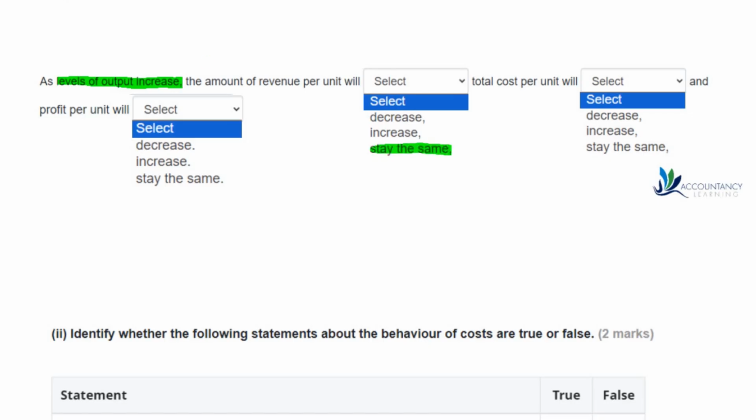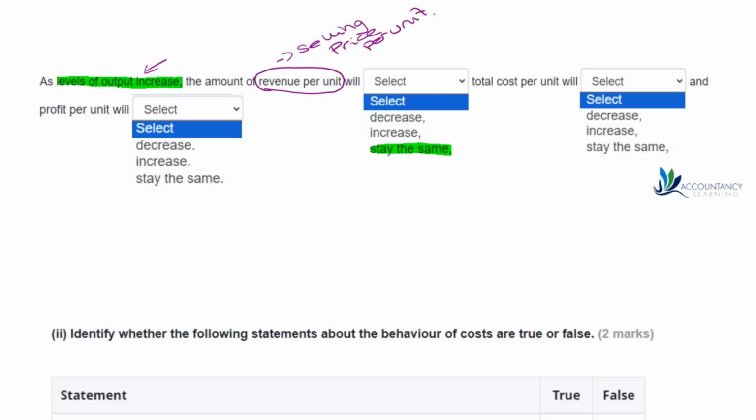And the key to this is going to be this bit here, per unit. So just because our levels of output are increasing, this is our selling price per unit, that will stay the same. Our total revenue obviously increases as the output increases, but per unit the revenue stays the same.